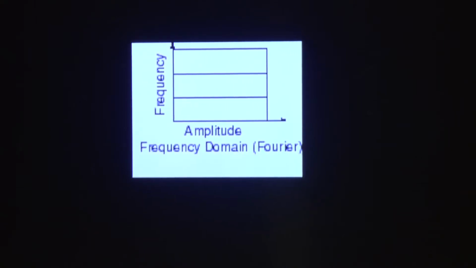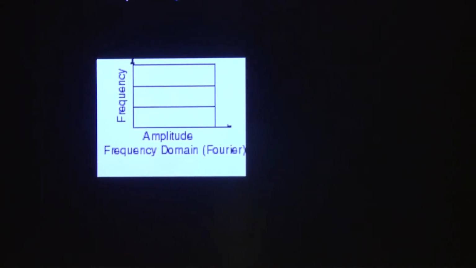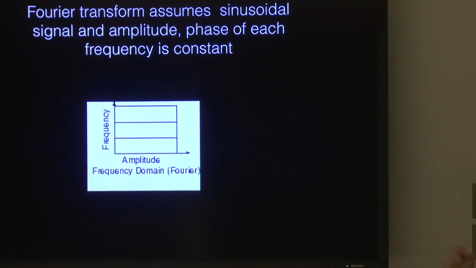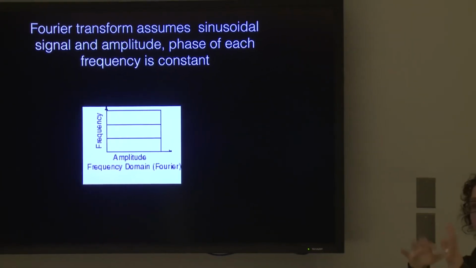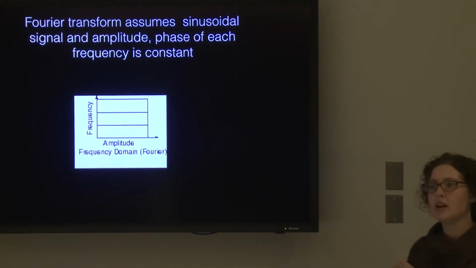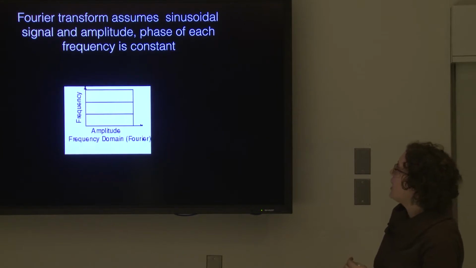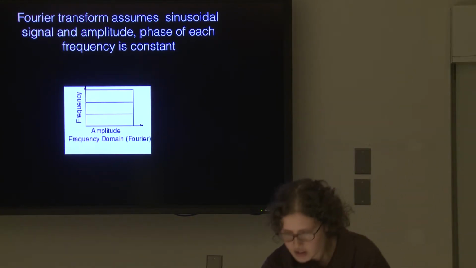That's fine, except for our star, that may or may not be a good assumption. Like if there's spots coming in and out of view, those spots might be changing with time. So it may not be a good assumption that the phase, frequency, and amplitude are all constant.